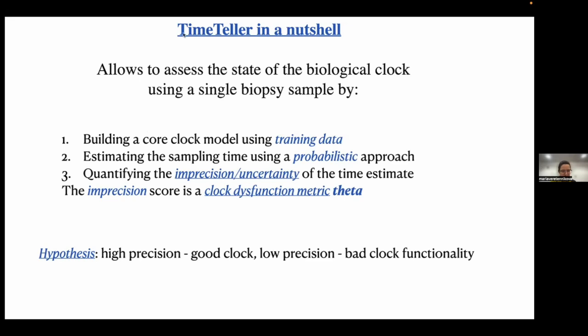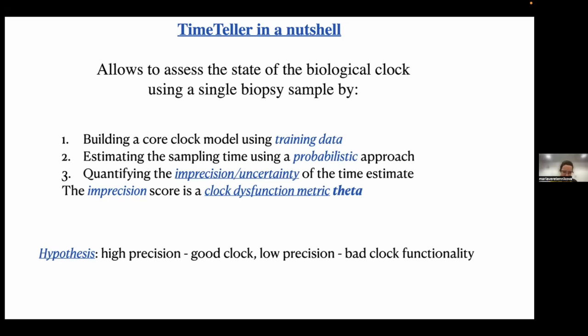So TimeTeller takes some, let's say, healthy training data from healthy individuals to build sort of like a healthy clock model. Once that model is built, we'll talk about this in detail in the next few slides.